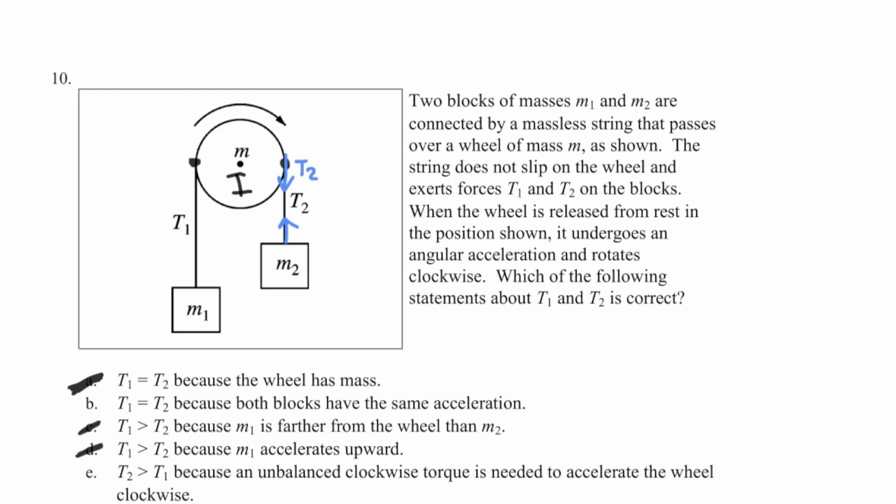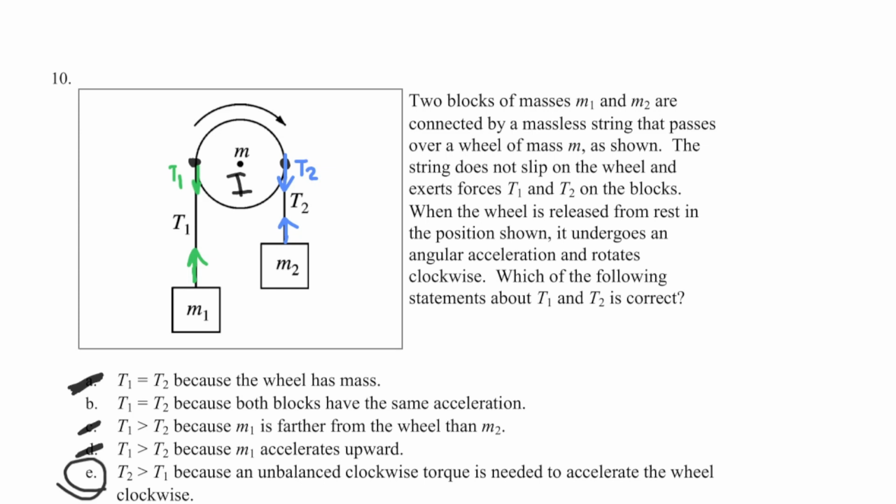Similarly, T1 acts up on M1, but T1 also acts down on the pulley right here. But since this pulley actually has mass, it's rotating clockwise. So the torque pulling it clockwise must be larger than the torque pulling it counterclockwise. So that's why it's simply E.